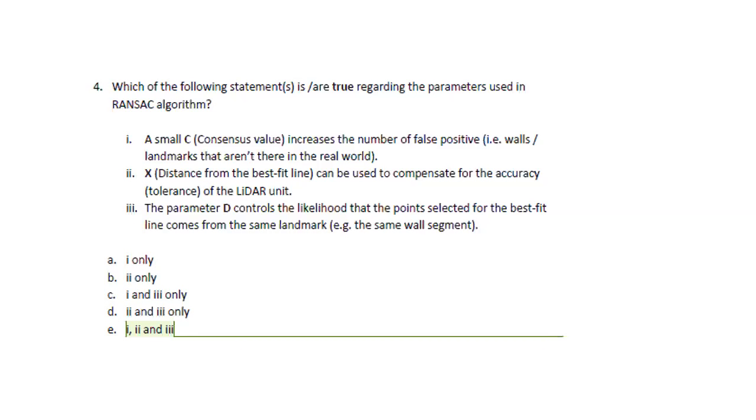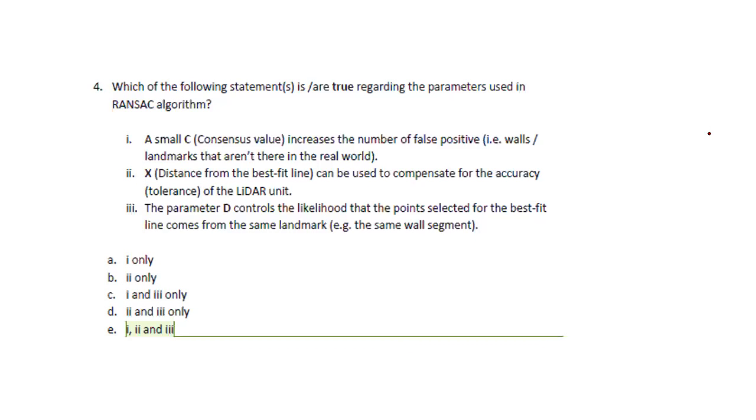If I say a small consensus increases the number of false positives, what does that mean? That means I am willing to take, for example, even if just 1 or 2 points are along this particular line, I say this is actually a line map. So that could be a false positive, correct?